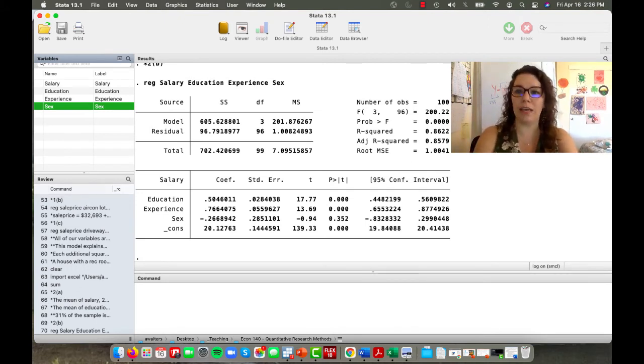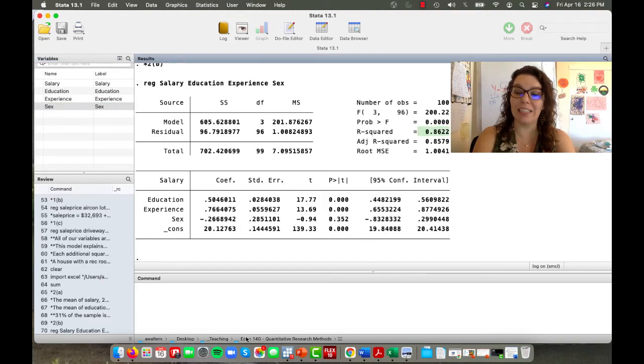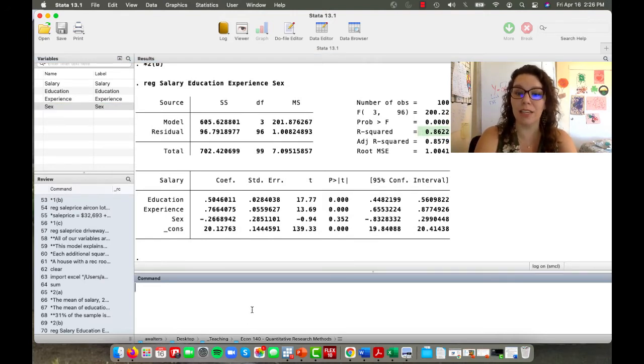So we can say that our R squared explains 86%, our model explains 86% of the variation in Y. We can also talk about the coefficients.